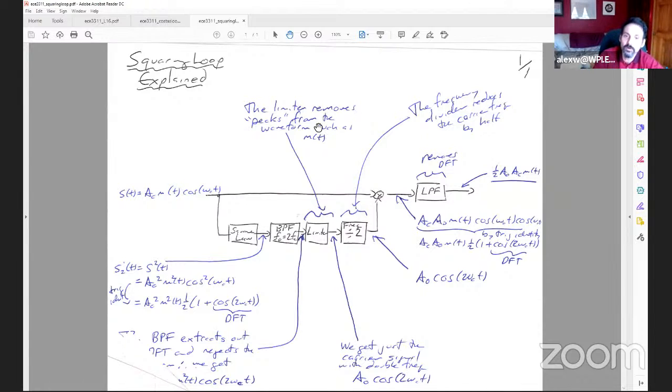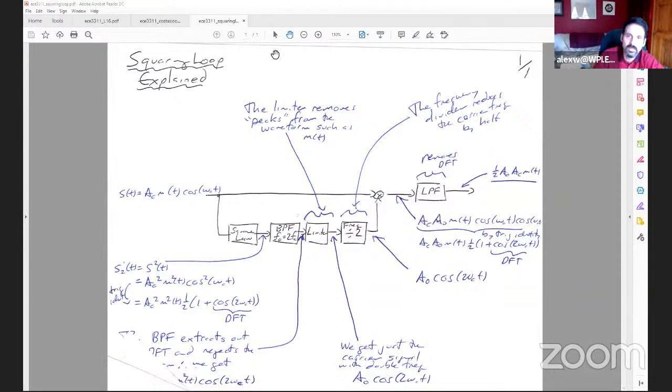But what the limiter does is it smooths out the signal, which effectively means that if there was any m of t information, it gets smoothed out. So what we end up getting is just the cosine double frequency term, and m of t is basically removed from our signal.